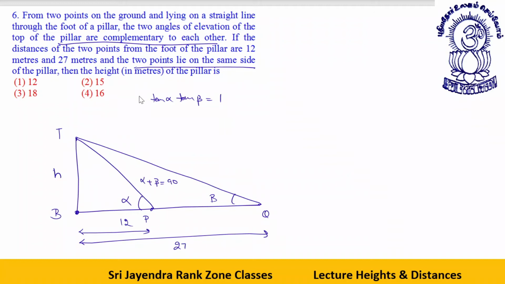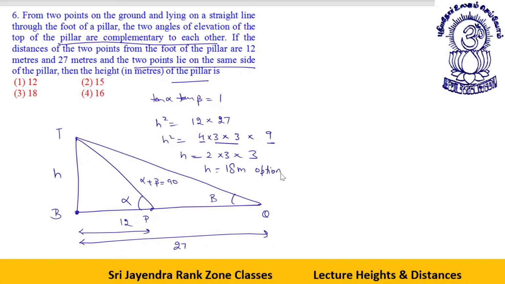This is the height. h square is equal to 12 into 27, or h square is equal to 4 into 3 into 3 into 9. So h will be 2 into 3 into 3 under root. So h is equal to 18 meters. Am I clear to all of you?